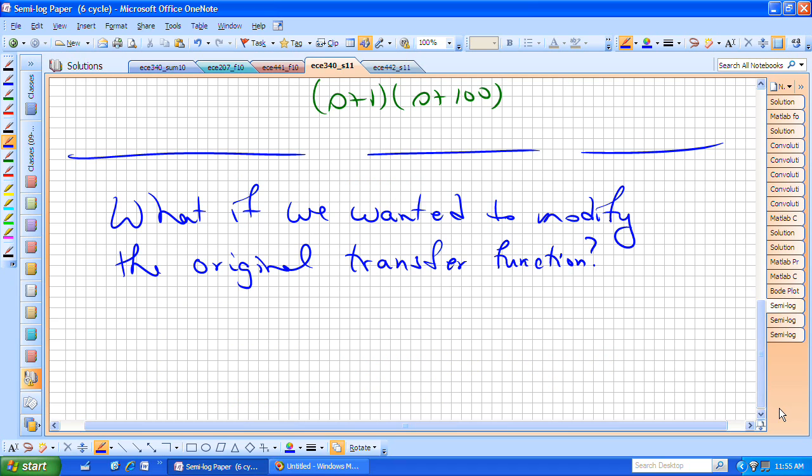And in particular, suppose that somebody said, you know what, I don't like the fact that our low frequency gain is minus 20 dB, or that we have a gain in absolute sense of 0.1 for low frequencies, or maybe for all frequencies, and so they say, what if we increase the gain for all frequencies?